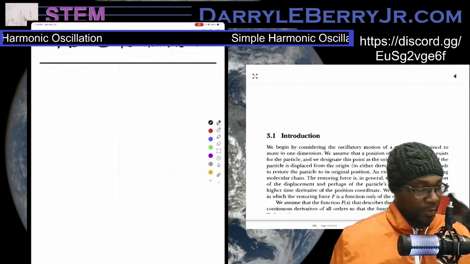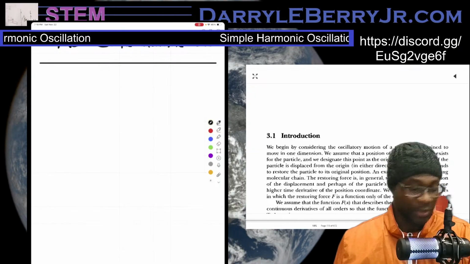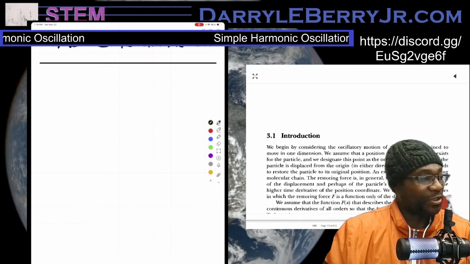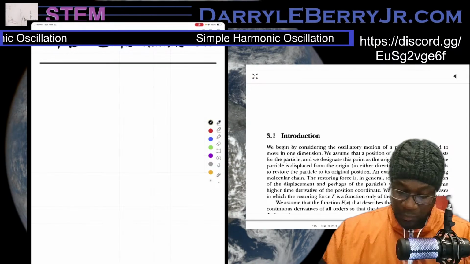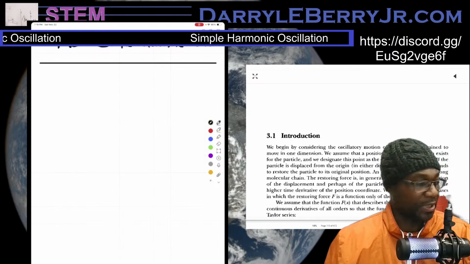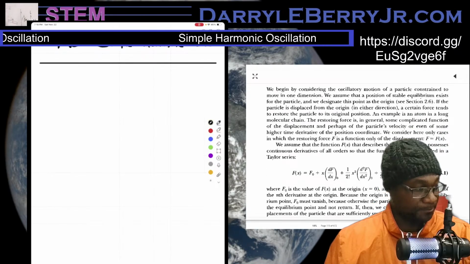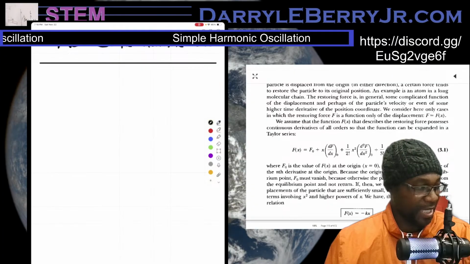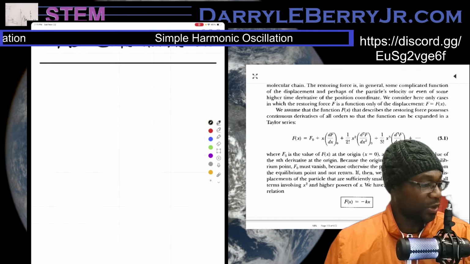So we'll start with a simple harmonic oscillator. We're looking at the textbook with the regular equation. So basically we have our F equals ma.